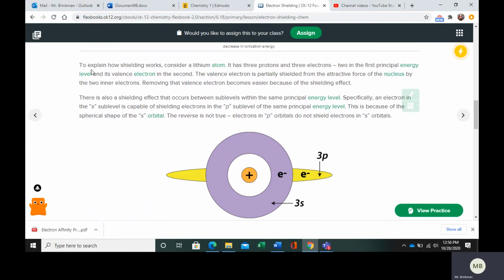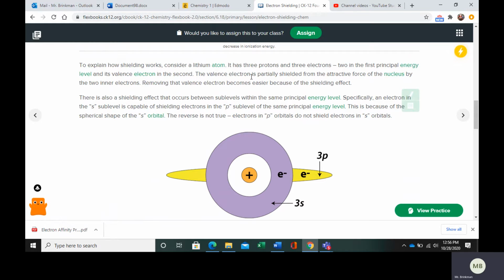For example, an example of electron shielding, we'll look at the lithium atom. Lithium has atomic number 3. So the neutral atom has 3 protons, 3 electrons. 2 are in the first principal energy level, so level 1. And then its valence electron is going to be in level 2.